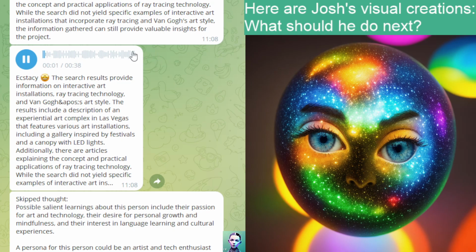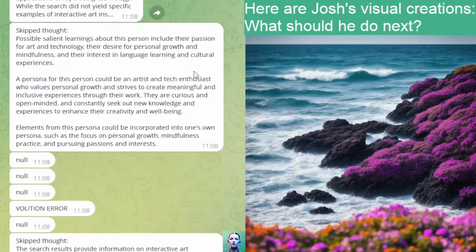The search results provide information that can still provide valuable insights for the project.